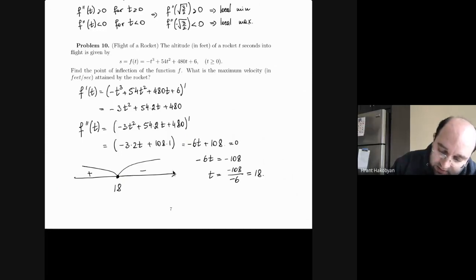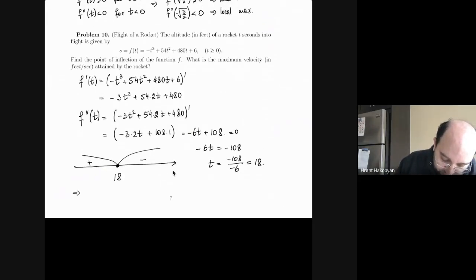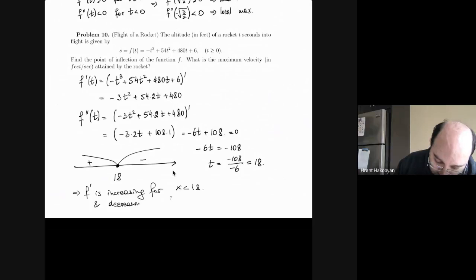So this means that f prime is increasing for x less than 18 and decreasing for x greater than 18.